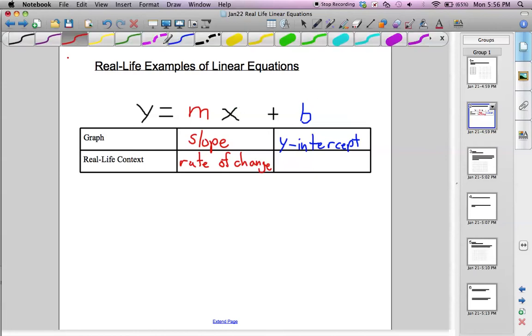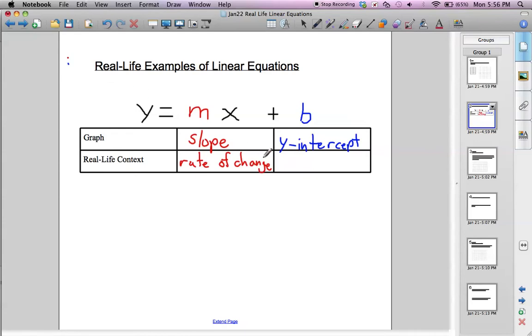The y-intercept in a real-life context might not always have a meaning, but if it does, it's going to be the initial value, or maybe the starting point, or the constant part.